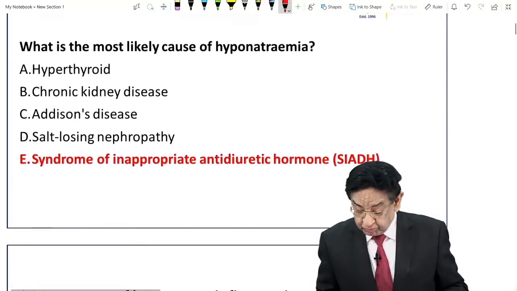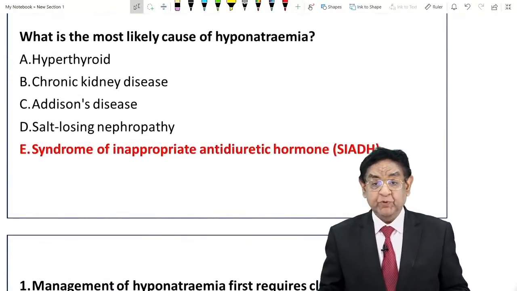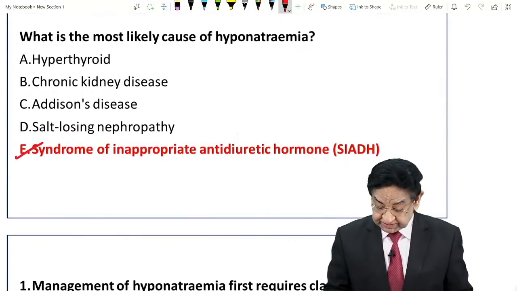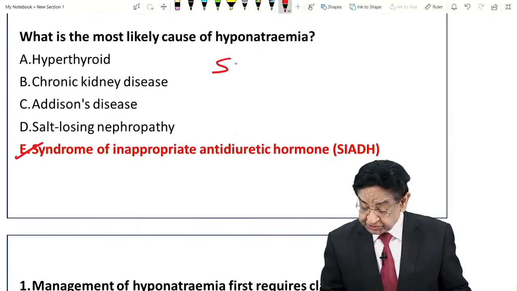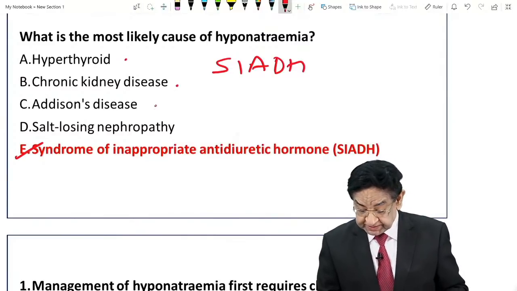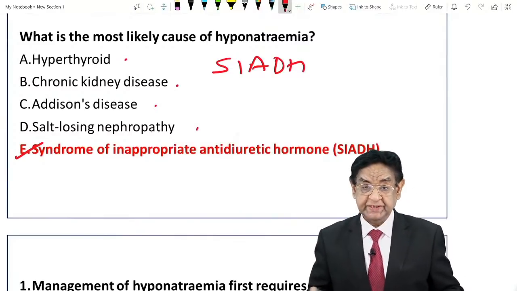Now, what's the most likely cause of his hyponatremia, is the question. The answer to this question is SIADH. The other options are hyperthyroidism, chronic kidney disease, Addison disease, and salt-losing nephropathy.